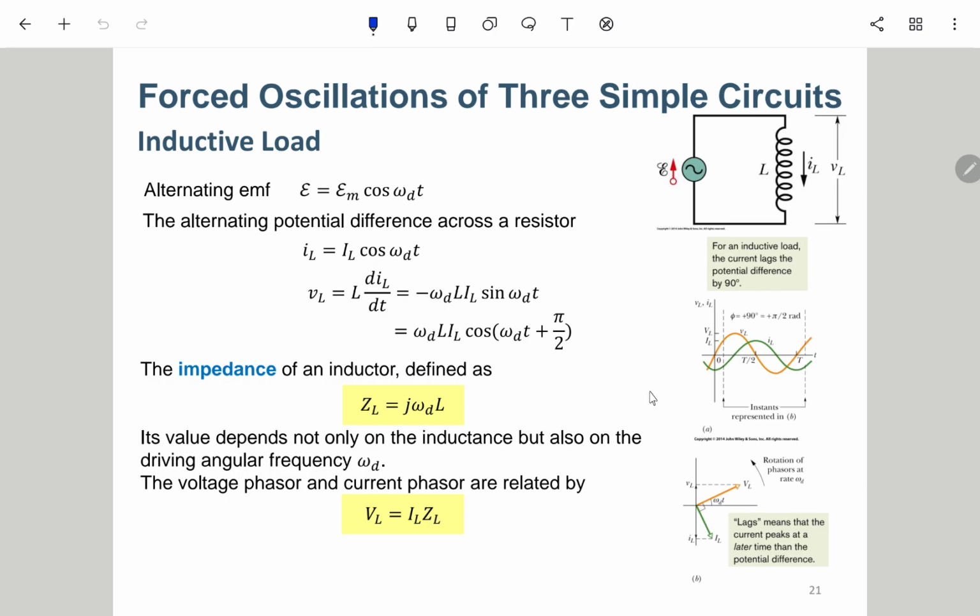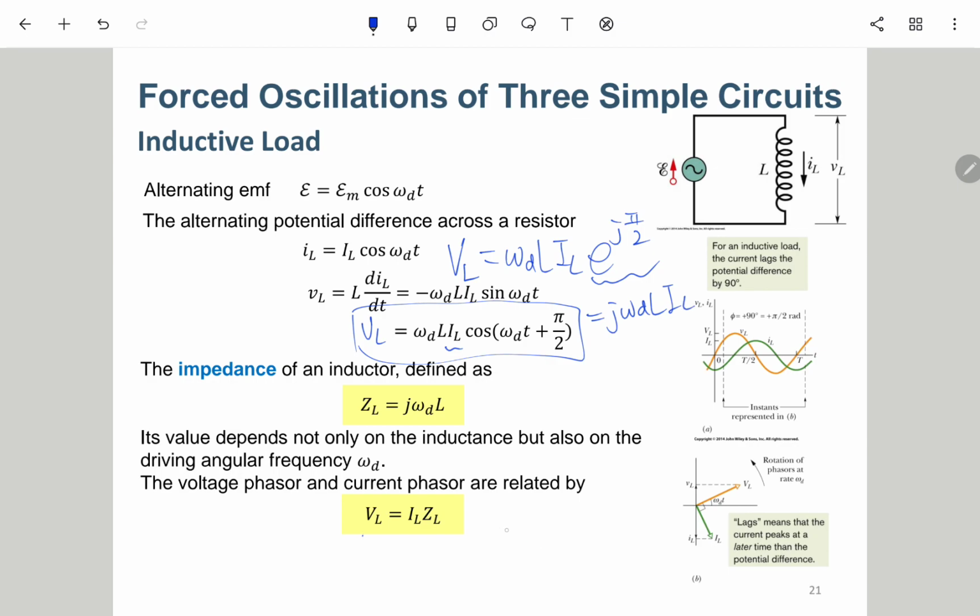So actually, this is vL. We try to write it in phasor form. So VL becomes capital VL, equal to omega d L times IL, and then we have an exponential of j pi over 2, and this is j, so it equals j omega d L IL.